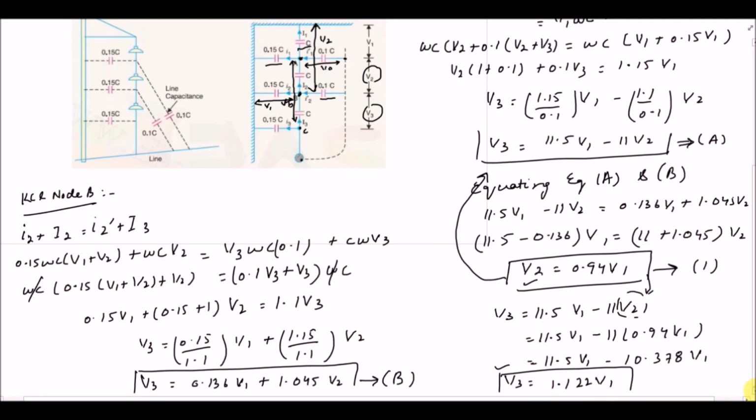For the value of line to neutral voltage, which was the first thing that we have to find, and it is also known as voltage across the string, it is V, equal to V1 plus V2 plus V3, and the values are V1 plus V2 in terms of V1 is 0.94 V1 plus 1.122 V1.